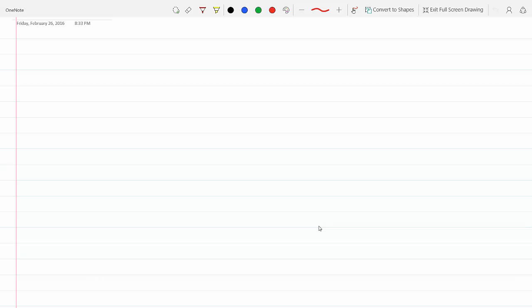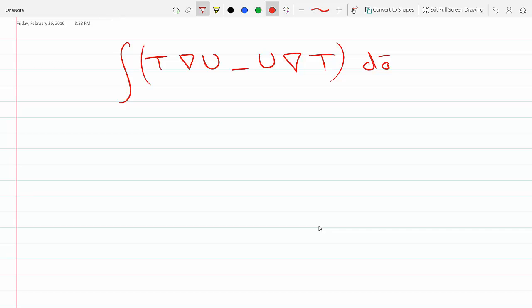Okay, so if you remember, last time we proved that the surface integral of (T gradient U minus U gradient T) dot dA has to equal the volume integral of (T Laplacian U minus U Laplacian T) d tau.